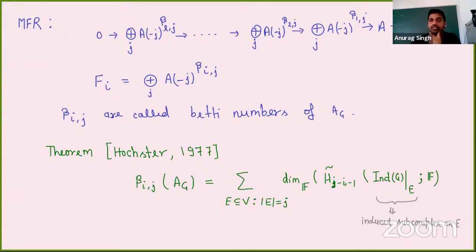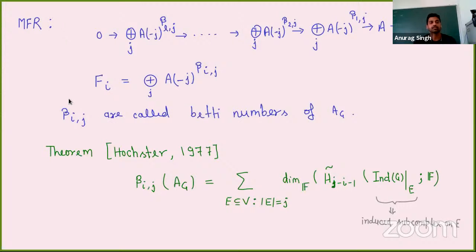You know that there is a free resolution of the quotient, where all the modules occurring in this resolution are of the following type, where A(-j) is a shifted module of A, and beta_ij denotes the number of times A(-j) occurs in F_i, where this is F_1, this is F_2, and so on, this is F_l.